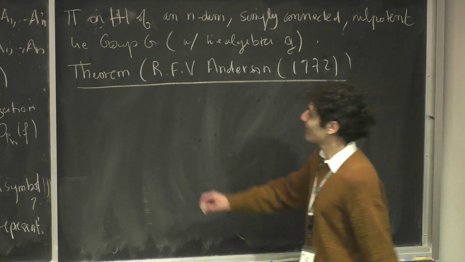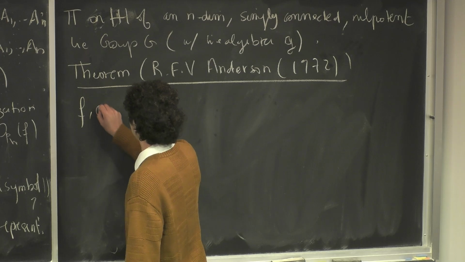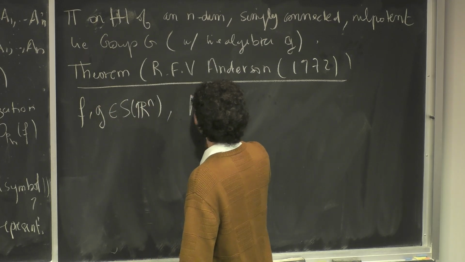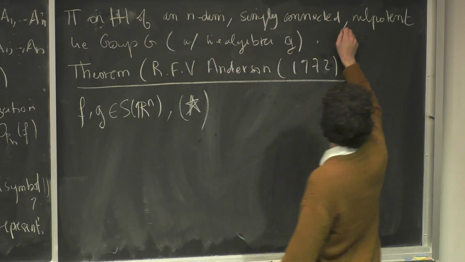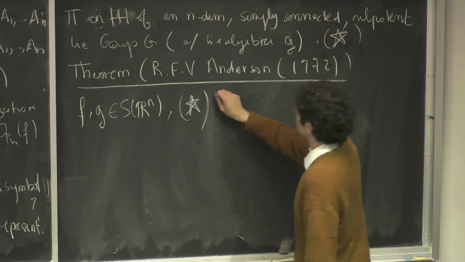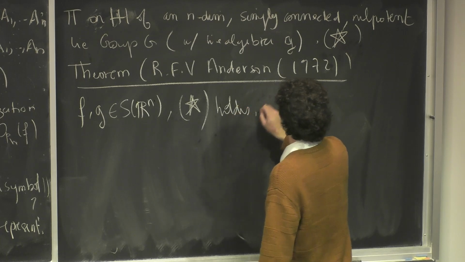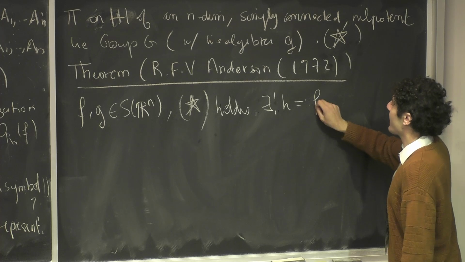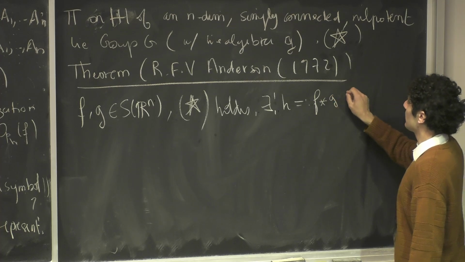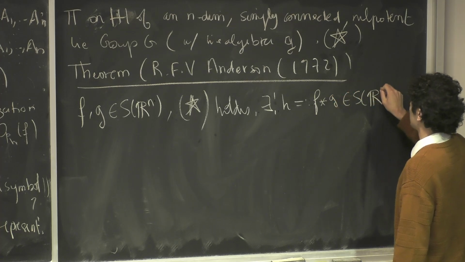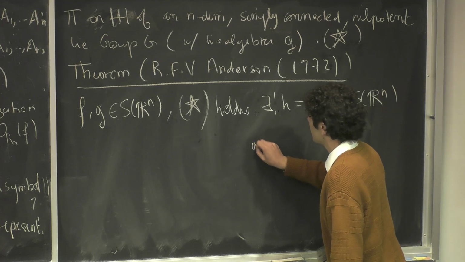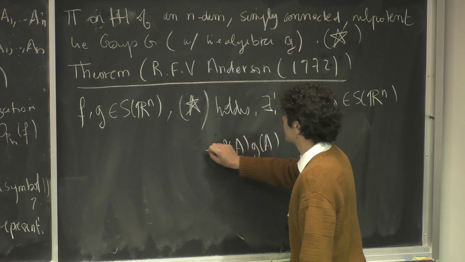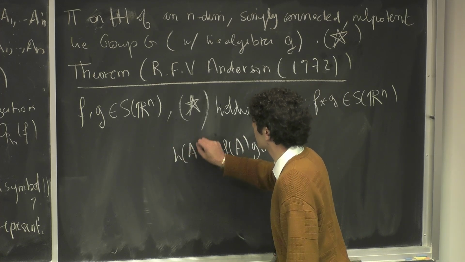But the theorem says that if I have f and g, which are Schwarz, and star holds, and star is this, then there exists a unique h, which I denote as f star g, which is also Schwarz, such that g of a composed with f of a is nothing but h of a.